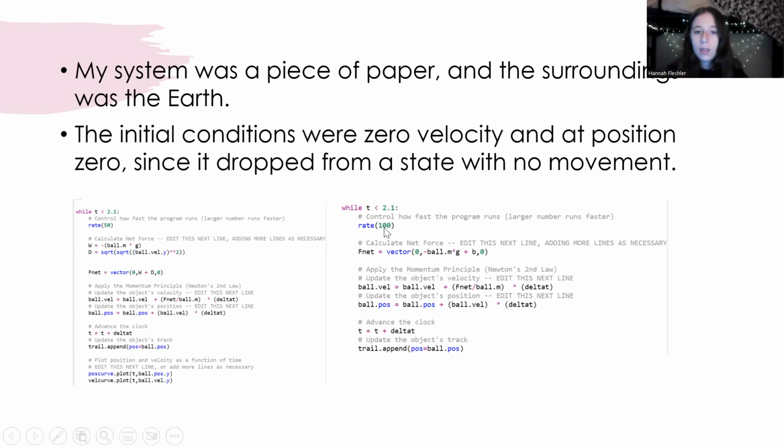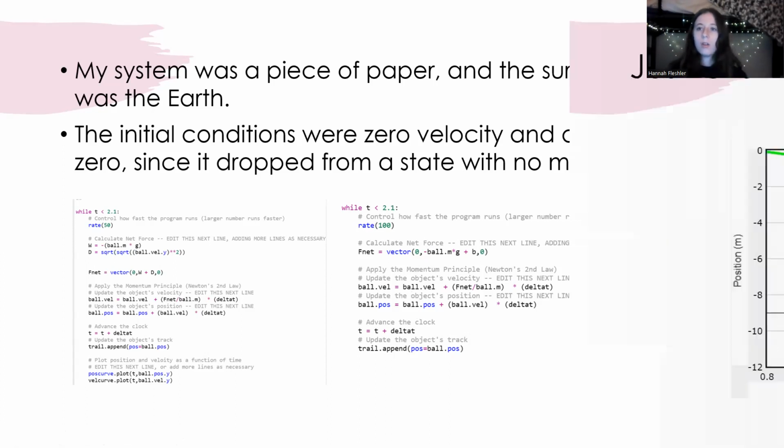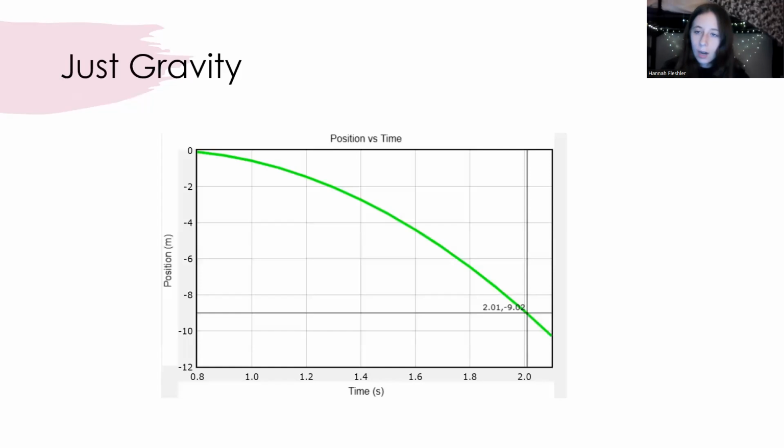And on the right, you can see my gravity model. I used just negative mass times gravity constant as my Fnet, the y Fnet, and all the others, x and z, are 0. And then also for both of them, you can see the velocity update formula and the position update formula.